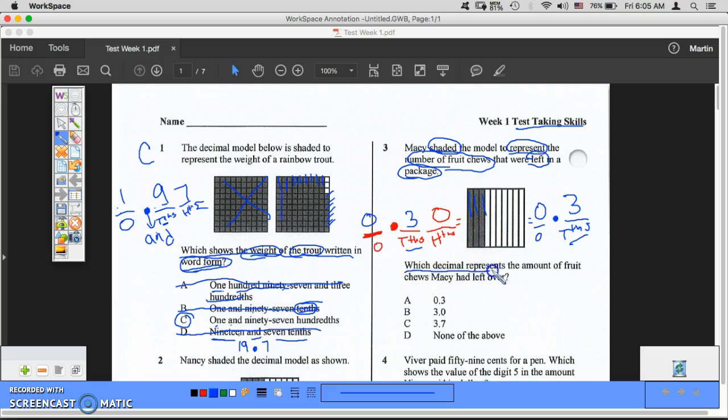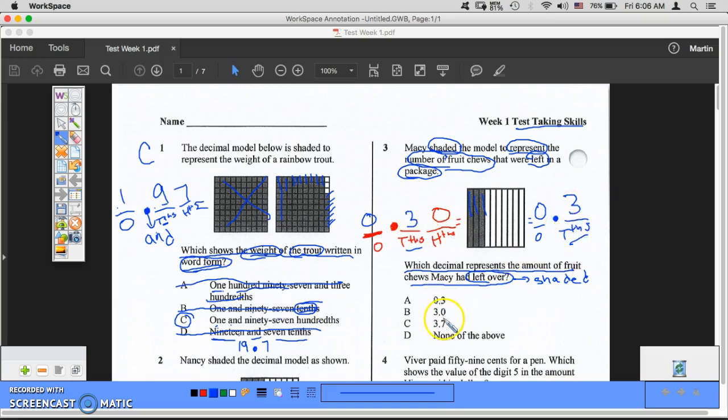Which decimal represents the amount of fruit chews Macy had left over? And remember, go back to the introduction of the story. The leftover pieces were the ones that were shaded. So make side notes. Again, during your test, make side notes. That's going to help you better understand the story. So now we're looking for basically this number, 3/10.